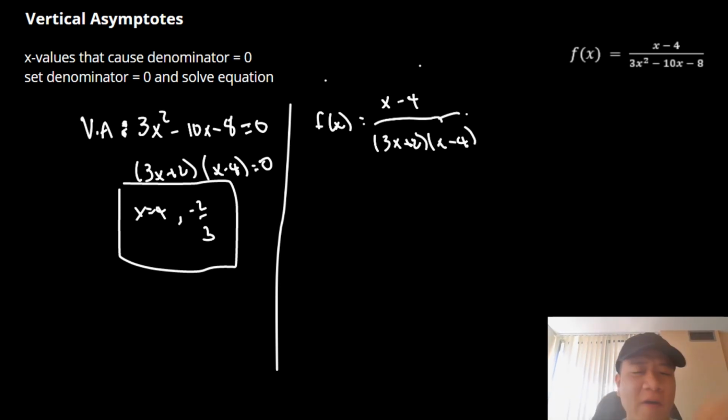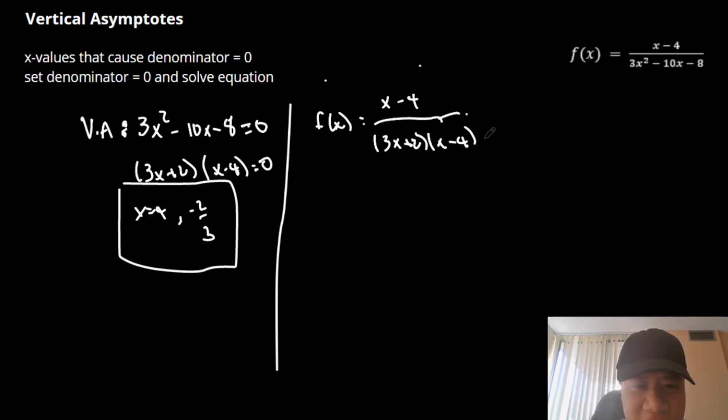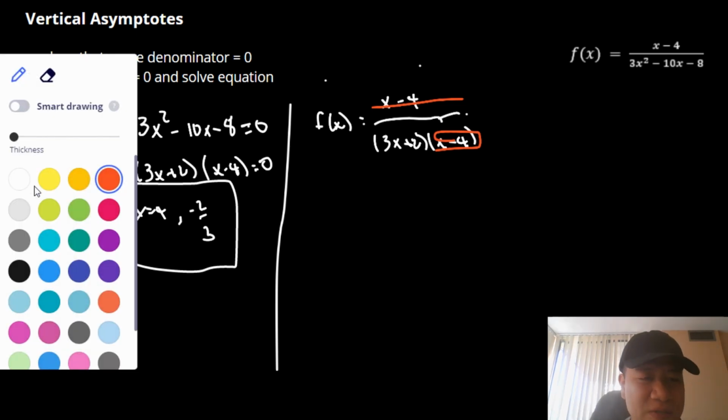If you remember from before, holes occur at the factors that we are able to cross out from the top and bottom. Since in this case we can cross out the x minus 4 on the top and the x minus 4 on the bottom, that means we will have a hole at 4. So our vertical asymptote, which we thought to be 4, is actually a hole. This is why you want to do holes first.